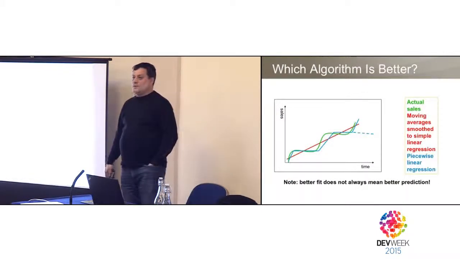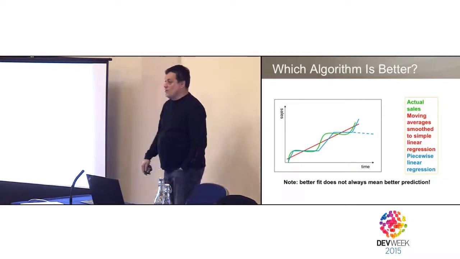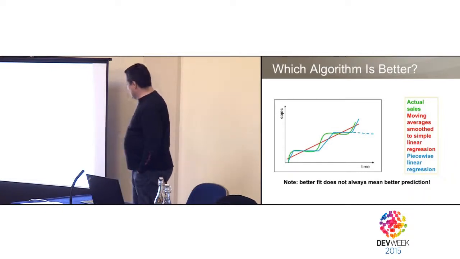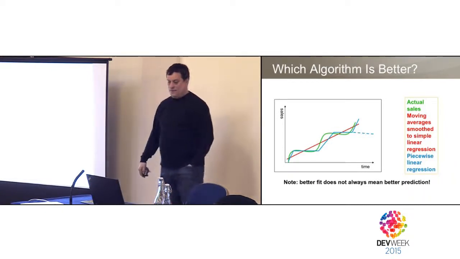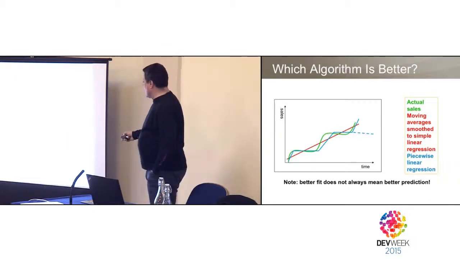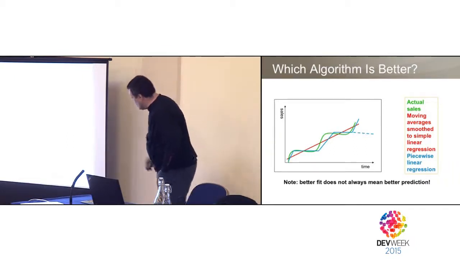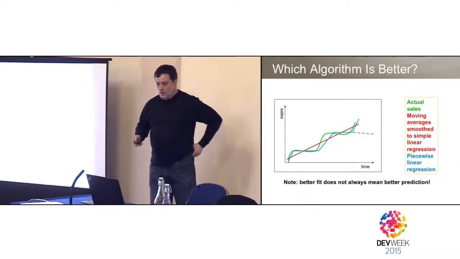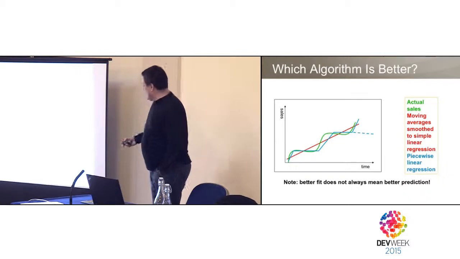Now, of course, the question is which algorithm is better, ARTXP or ARIMA? Now let's try to present these algorithms and their forecasts graphically. So this green line is kind of actual sales. Goes up and stays and goes up and so on. So this is moving average.